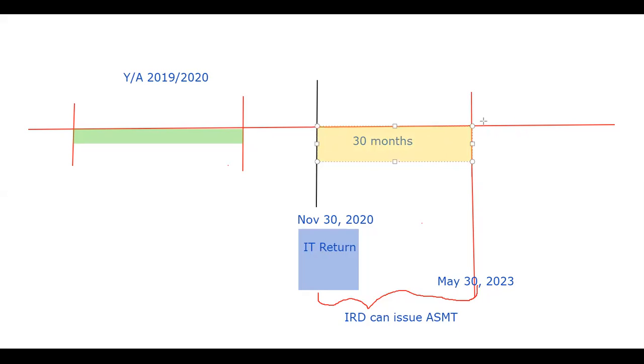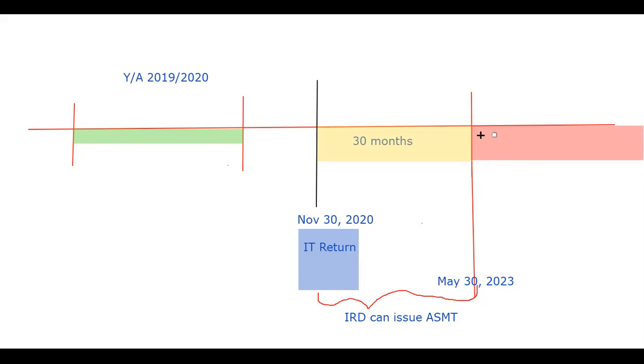The taxpayer, they can give during this 30 months only. Later, after that, they cannot issue an assessment.